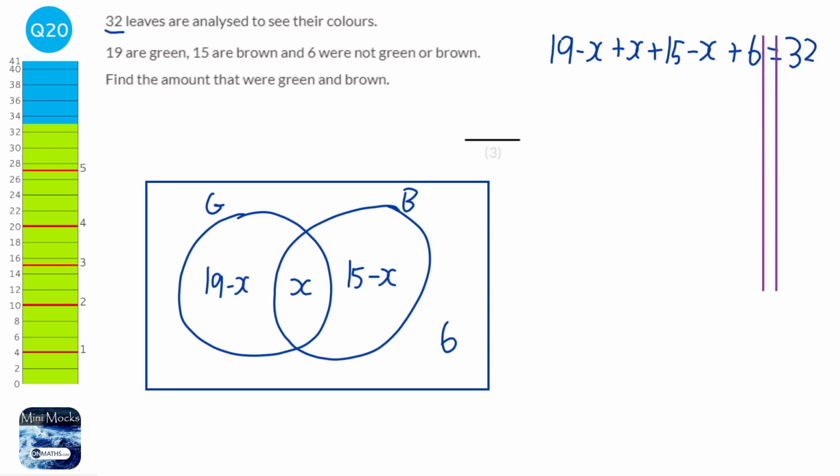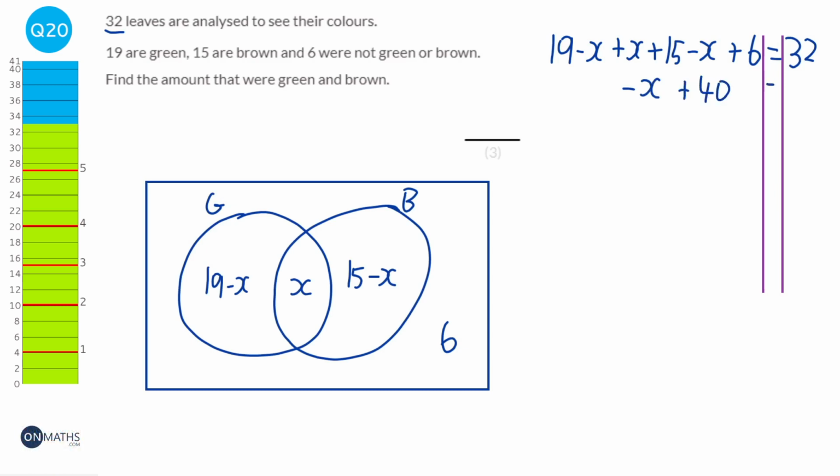And let's get our solving lines in. So we've got minus x and minus x, that's a minus x. And we've got 19 plus 15 plus 6, which will be 40, equals 32. We're going to take away the 40 both sides.